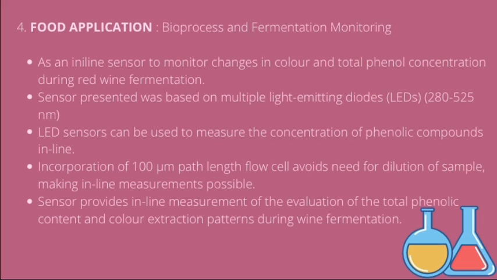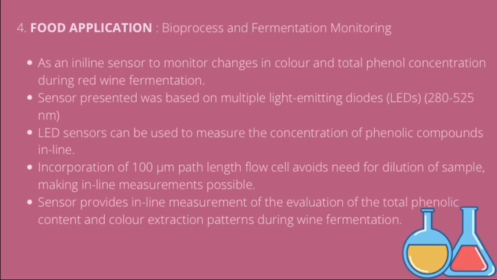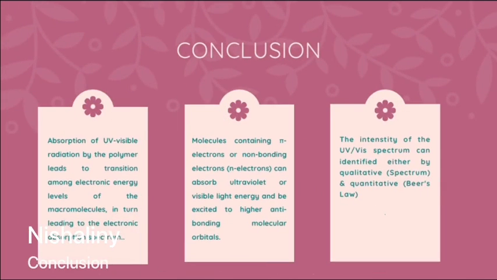The incorporation of a 100 micrometer path-length flow cell avoids the need for dilution of the sample, making inline measurements possible. The sensor provides inline measurement of the evolution of the total phenolic content and color extraction patterns during red wine fermentation.